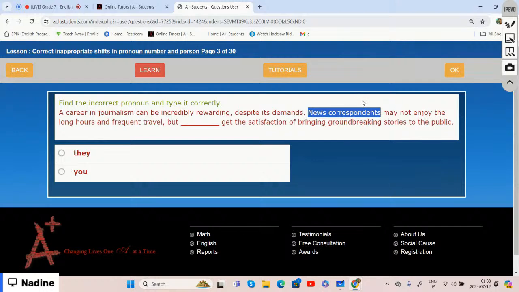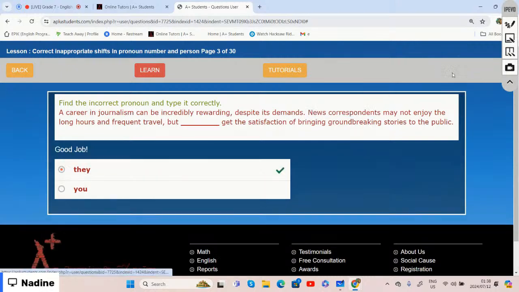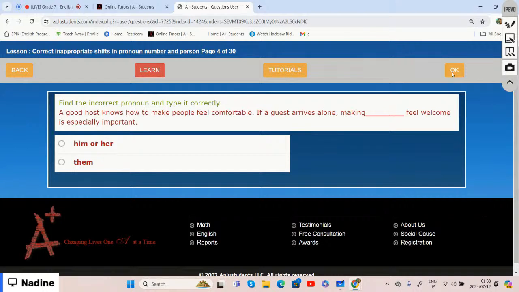And if we were to choose the correct pronoun, then we would choose they. News correspondents may not enjoy the long hours and frequent travel, but they get the satisfaction of bringing groundbreaking stories to the public. And they is correct.